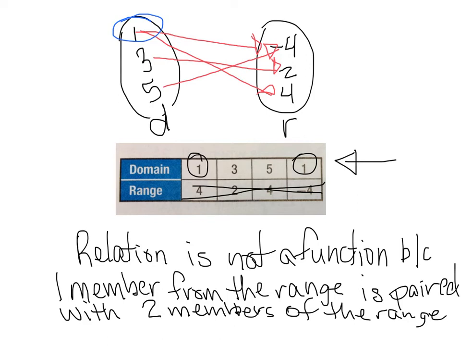And I just spotted a mistake that I made. One member of the domain is what should be here. One member of the domain is paired with two members of the range. Because of that, this relation is not a function.